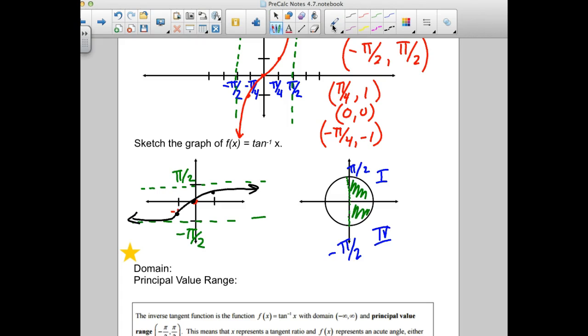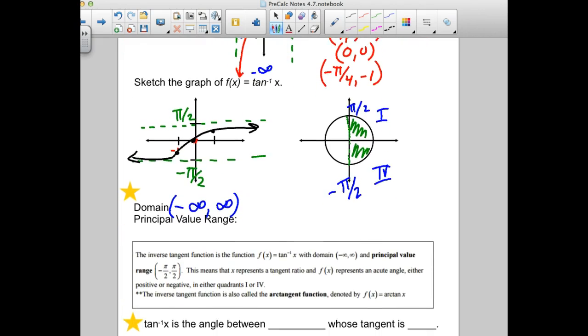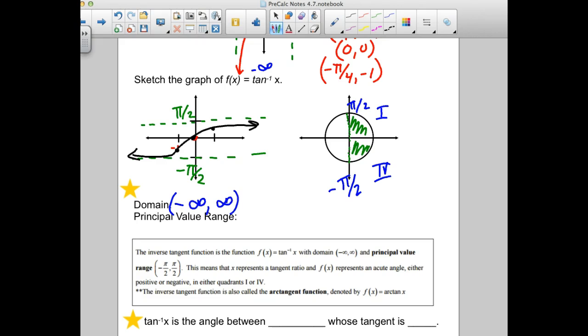All right, domain here is all real numbers. That's different than the other two. Because if you look at our original range, we went from negative infinity to positive infinity. So when we reverse our x and y's, now our domain goes from negative infinity to infinity. Our principal value range would be from negative pi over 2 to pi over 2, not including the endpoints.